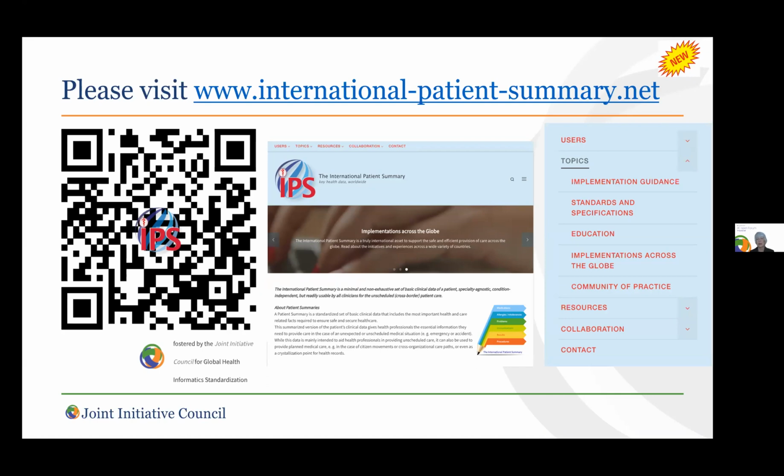Also, as you can see here, a community of practice, implementation cases, etc., standards and specifications. So I think a lot of the education information requests which we saw through the breakout sessions will be fulfilled here, and this will further grow. So this is really the place to go for all the information in the future.